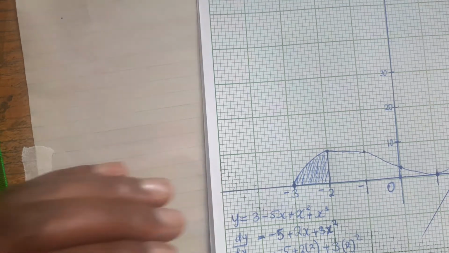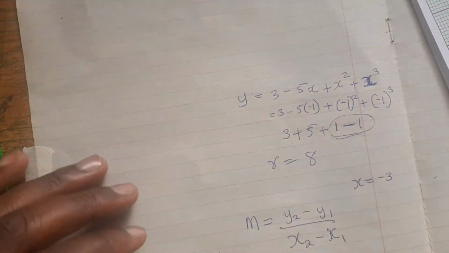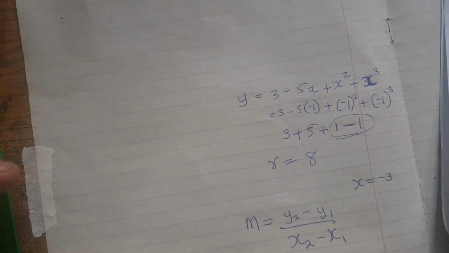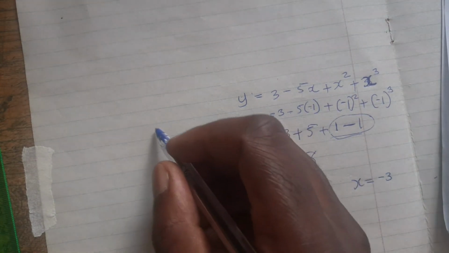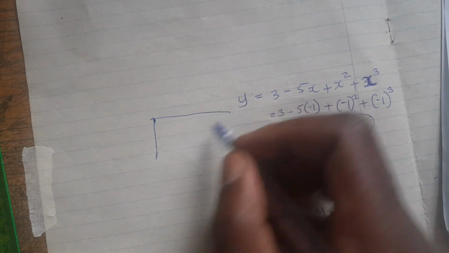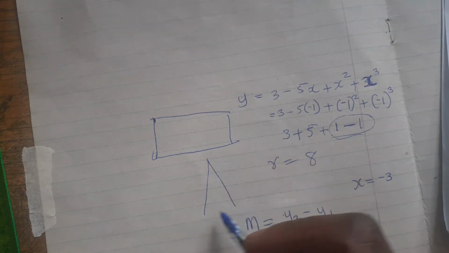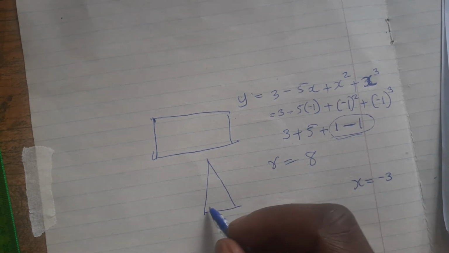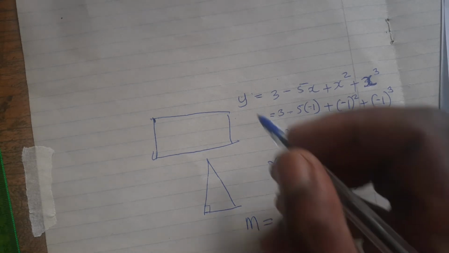Now when it comes to the issues of area, I have to explain something, and I hope you are going to get my explanation. In most cases, we're going to have maybe a square or a rectangle. There are times when you are going to have a triangle, or a trapezium, a shape such as this one.